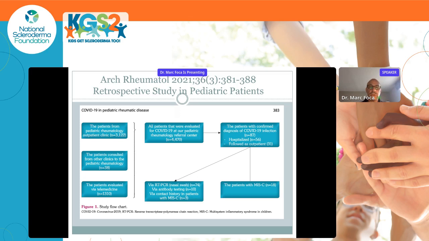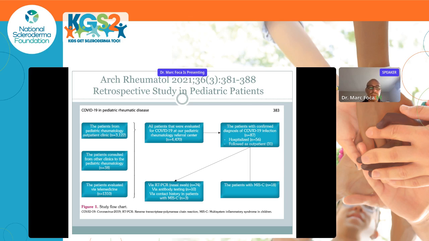So this is a single center study, retrospective, looking back at a clinic in Turkey, and they screened over 4,000 pediatric patients with rheumatologic disease. Again, this was also early in the pandemic, they found 87 who had evidence of prior COVID infection. 56 of those patients were hospitalized, and 31 were followed as outpatients.